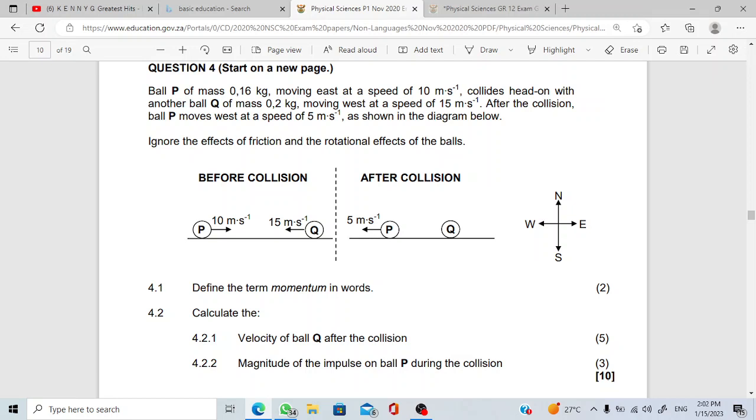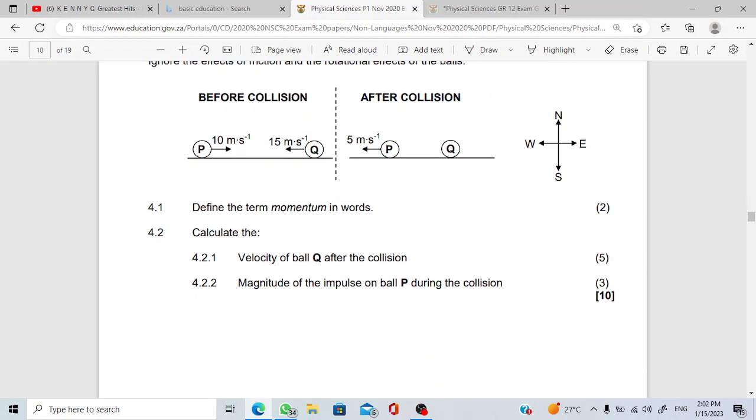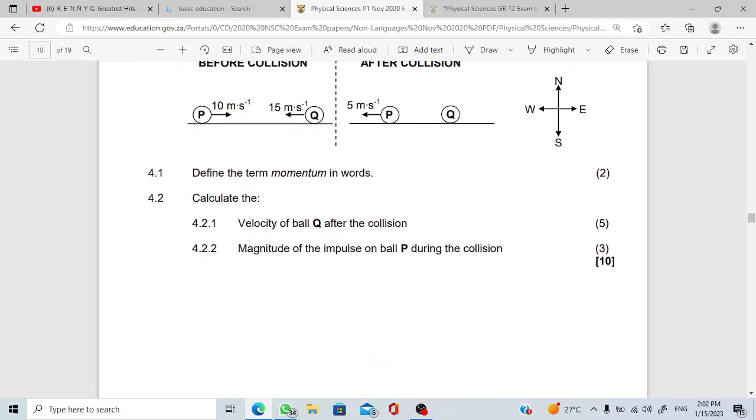So we have mass of P, which is 0.6, and mass of Q, which is 0.2. On this side, everything we need we have: mass and velocity sorted. Here we have mass, we don't have velocity, so the only thing we need is the velocity of ball Q. It's 5 marks.